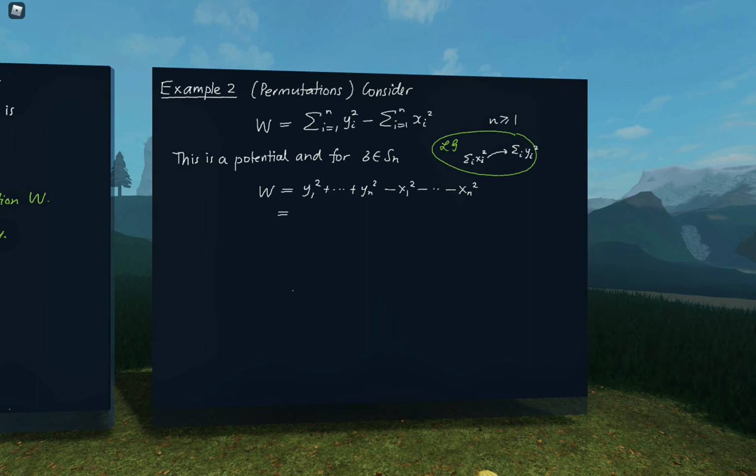The regrouping I choose is to have y1 squared be with x sigma 1 squared, dot dot dot, yn squared minus x sigma n squared. You'll agree that's the same thing, and then I can just do this factorization of differences of squares.